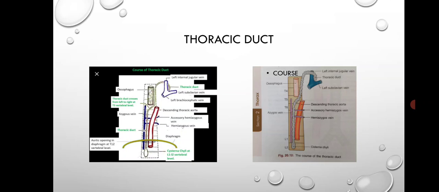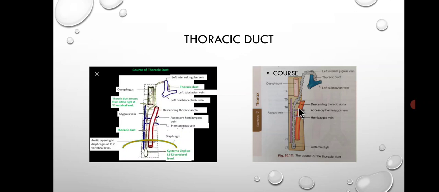In the thoracic cavity, it is present in the posterior mediastinum. So this is the posterior mediastinum. It is present between the azygous vein and the descending thoracic aorta.